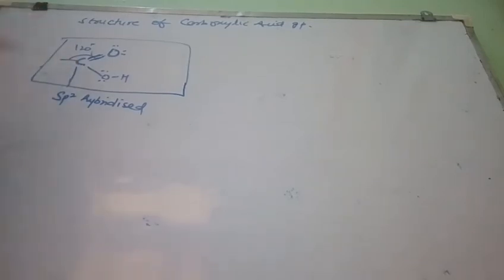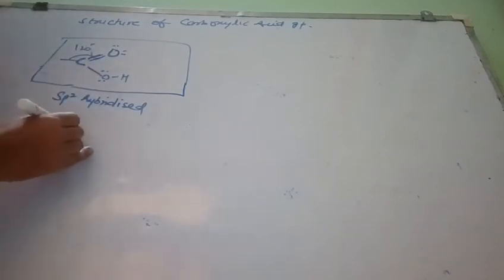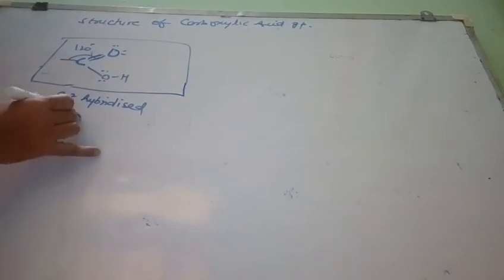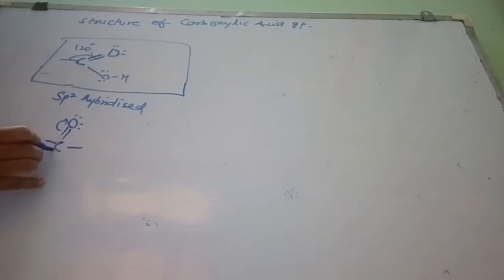You have studied that in the carbonyl group, this carbon is electrophilic in nature, because this oxygen is electronegative, it withdraws the pi electrons, hence oxygen becomes partially negative and carbon becomes partially positive. So this is a polar bond, and since carbon gains the positive charge, it behaves as an electrophilic center.